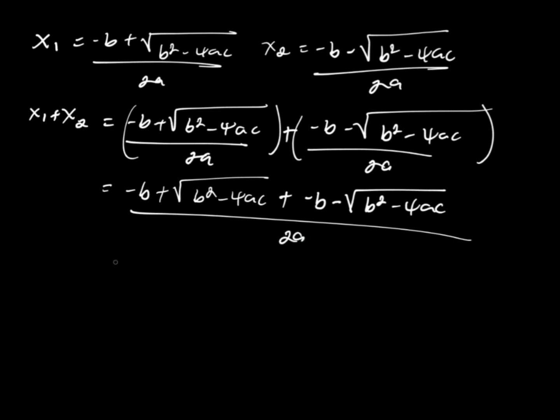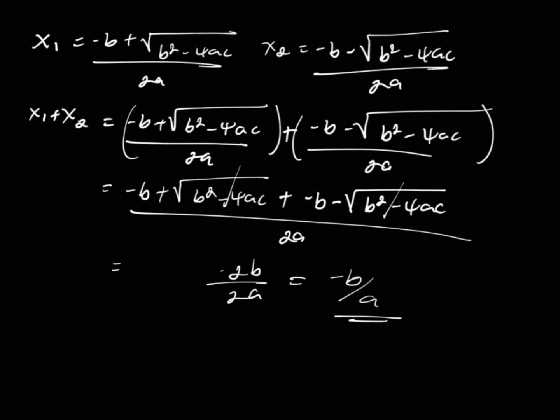The roots cancel, and I have negative 2b all over 2a, which equals negative b all over a. Therefore the sum of roots is negative b over a. As you remember the general format of a quadratic equation, we know what b and a are.